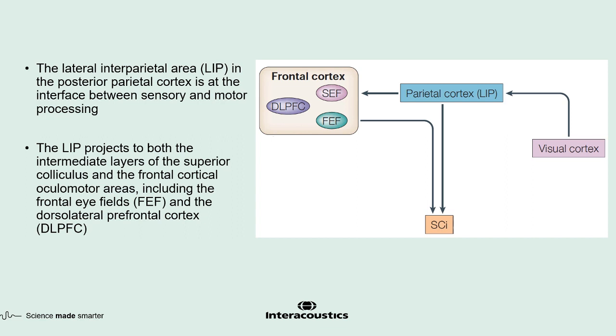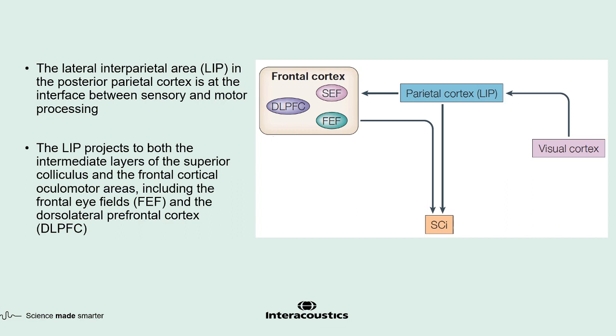The LIP is the site where you generate your visual map of targets, and it allows you to select targets to saccade to in the visual field. Saccades generated by this system tend to be far more reflexogenic. So when you see something rapidly move in your visual environment, you generate very quick saccades that go towards that target. Those are less volitional.